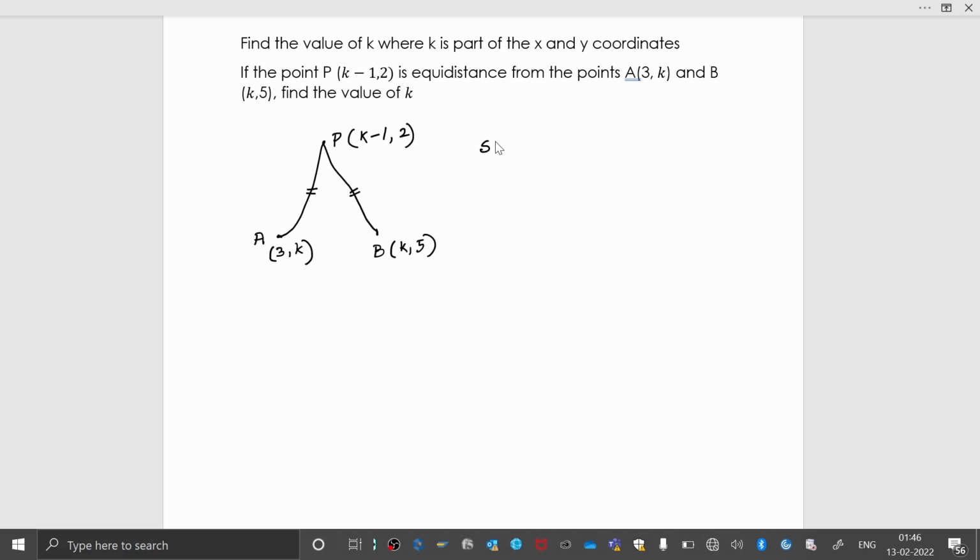Step 1 is finding each distance, PA and PB, using the distance formula.